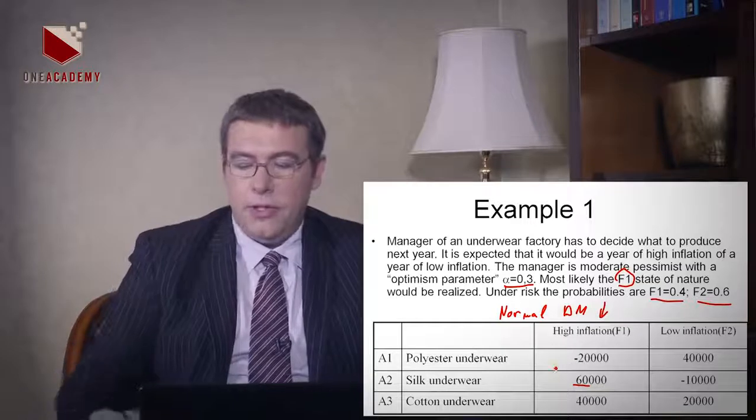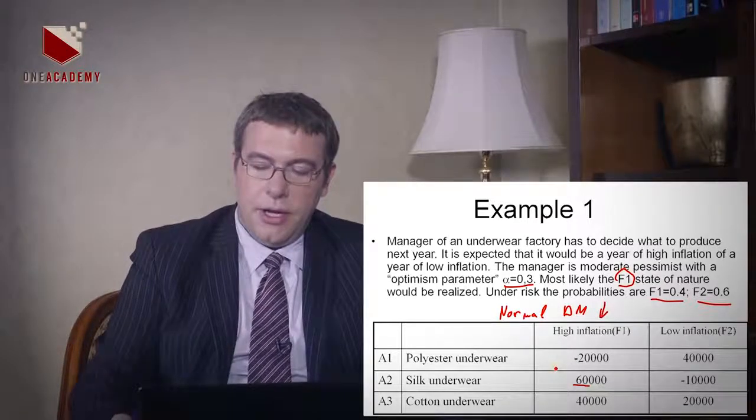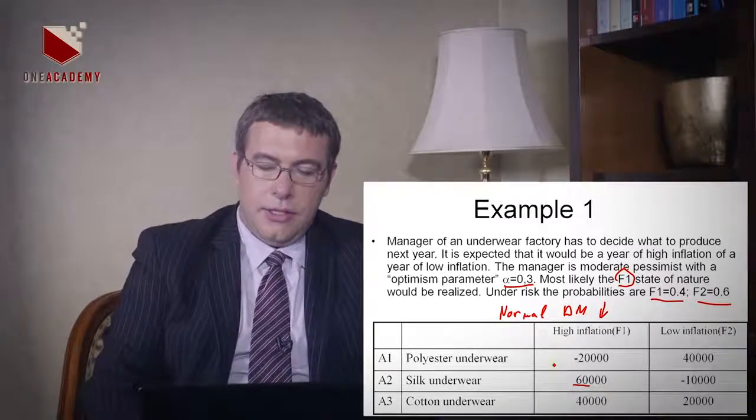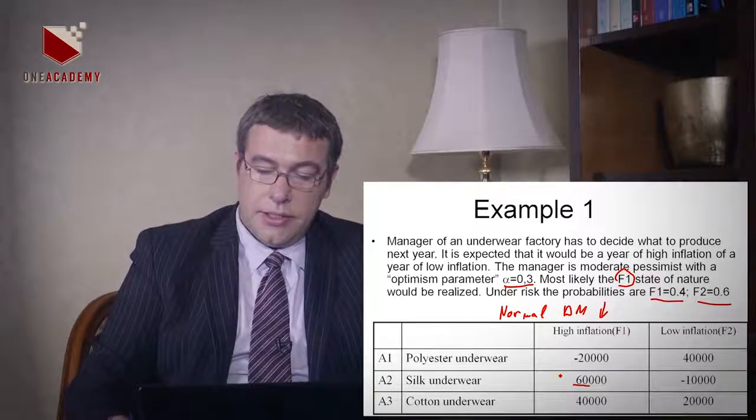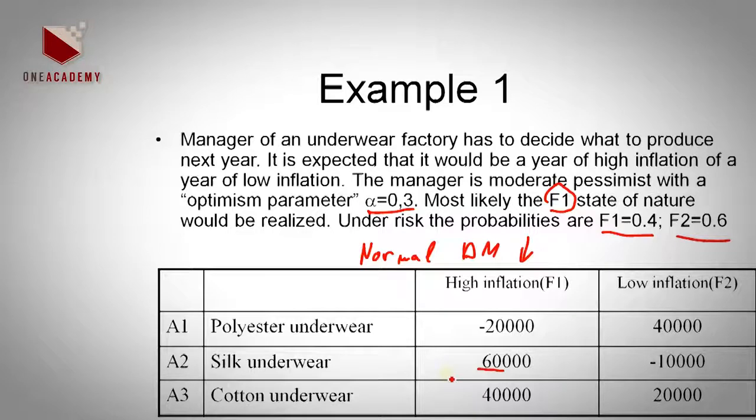This is minus 14, so this is minus 2. This is 18 minus 7 is 11, and 40, so it is 12 plus 14, 26. So cotton underwear would be the best possible alternative if we use the Hurwicz decision rule.